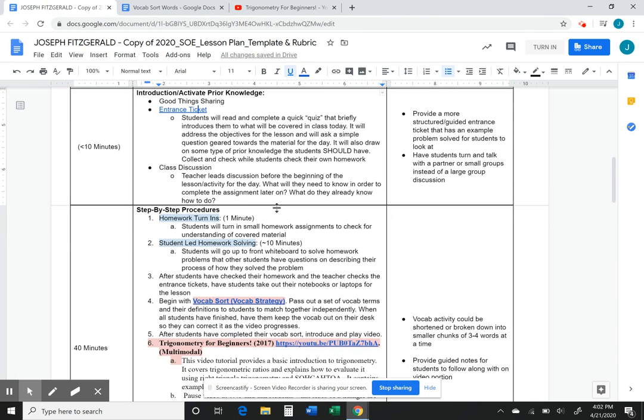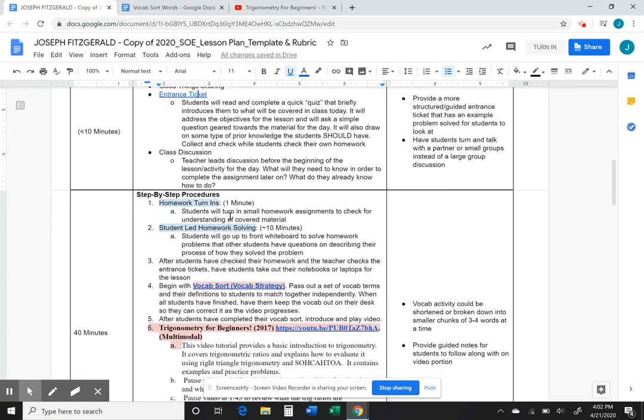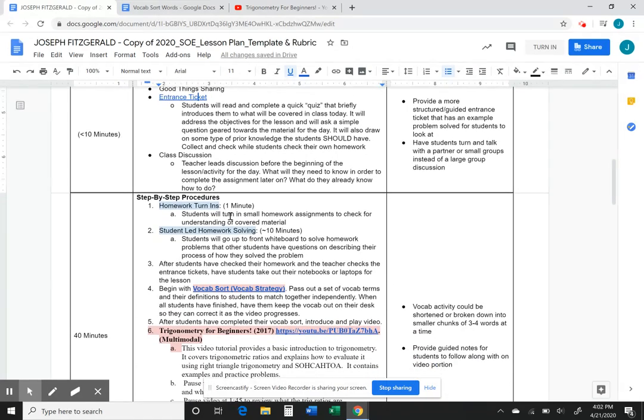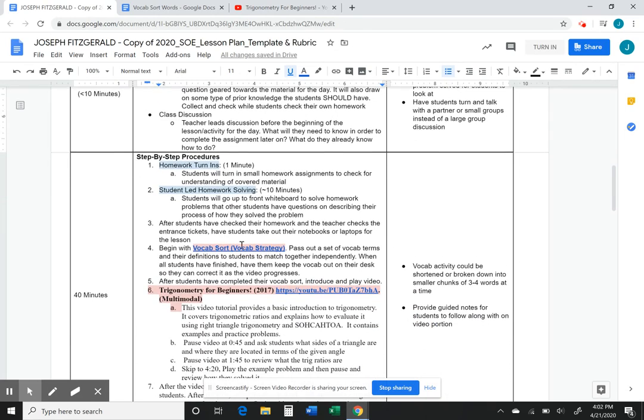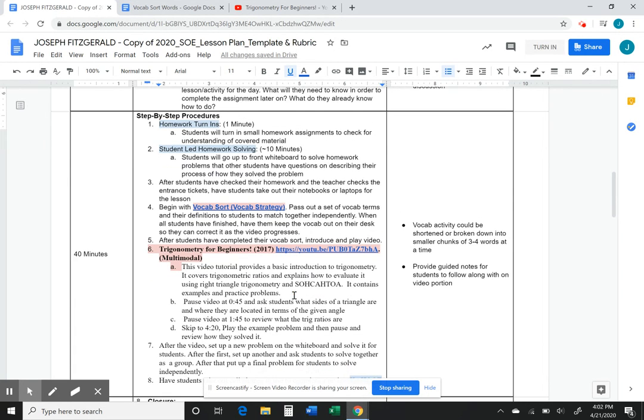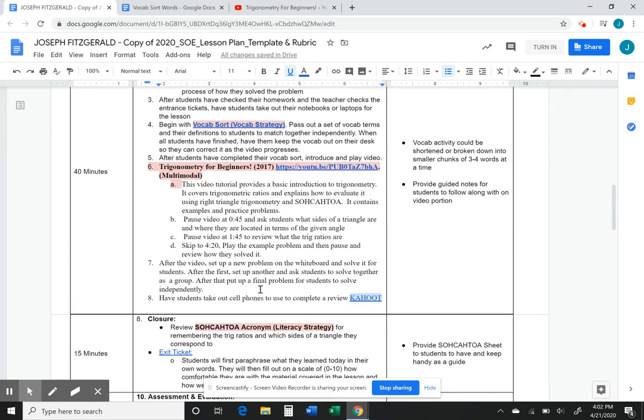So after they do all the homework solving, we're going to move into a vocab sort. Basically, I'd pass out the set of vocab terms and their definitions to students. They're going to match independently. And then when they finish doing that, they're going to keep that vocab out on their desk so they can check it as we watch this video that I'm going to show in the next part.